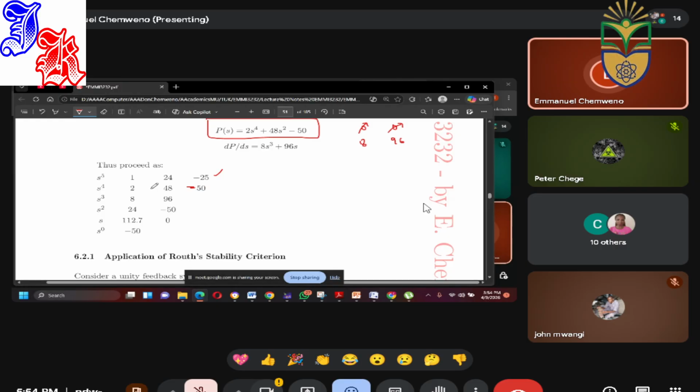Now I can either divide through by whatever number, but for this example I didn't divide, so I can multiply that times that. This 48 times 8, 8 times 8, 64, 32, 38, 384, minus 2 times 96 is 192, over 8, which is equal to 24.